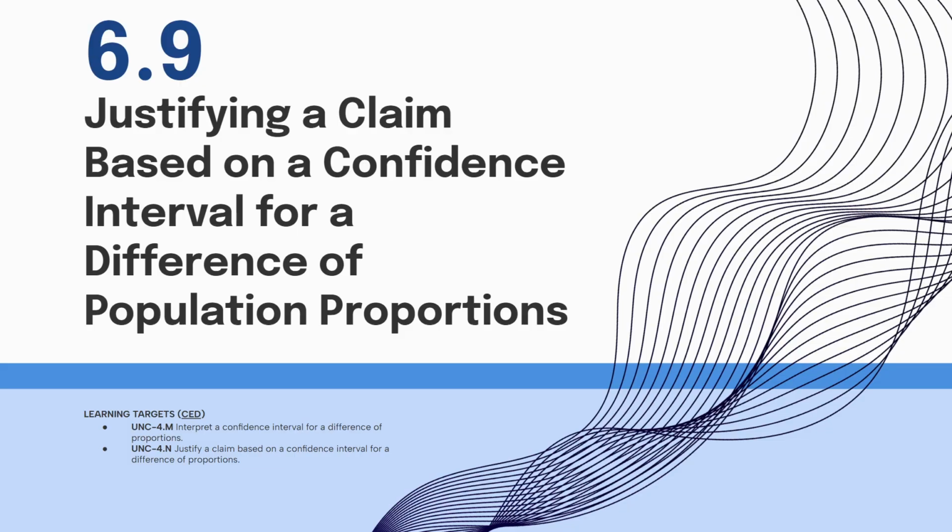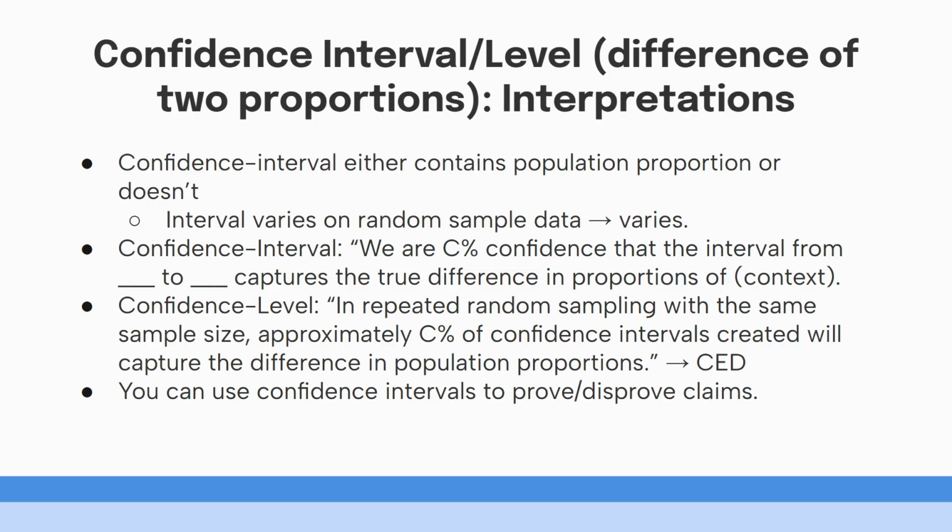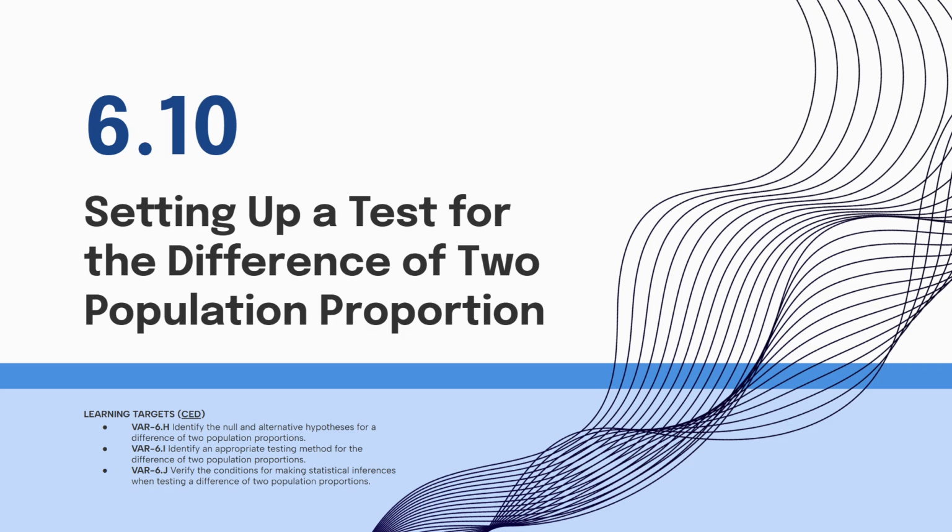So let me just go over some conclusions you can make real quick. When it comes to difference of two proportions, if it's the first sample proportion minus the second sample proportion and your confidence interval is only negative, that means the second true proportion is greater than the first on average.